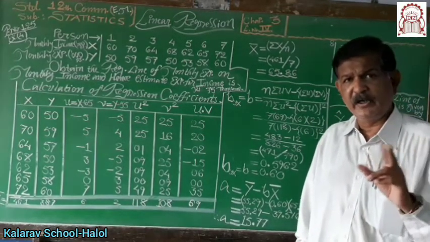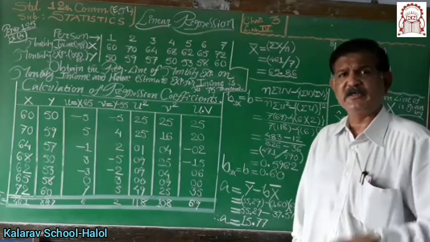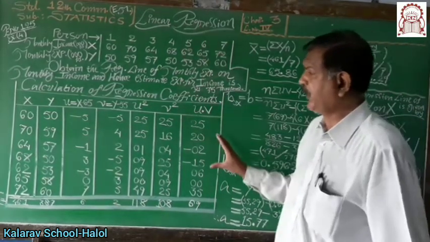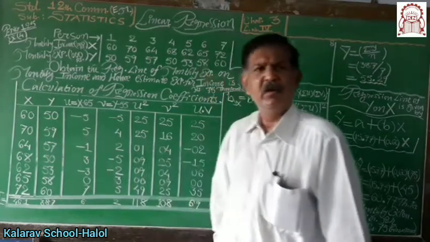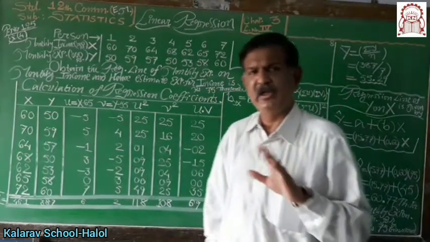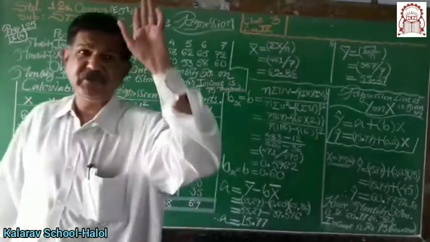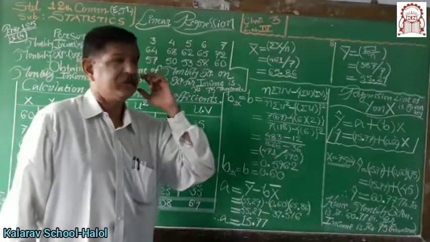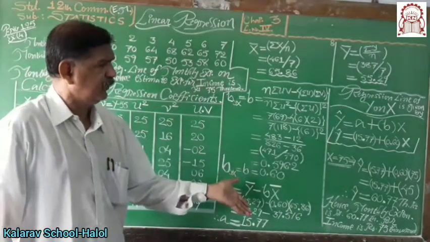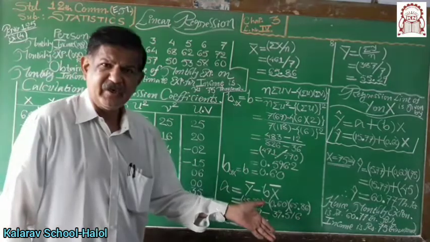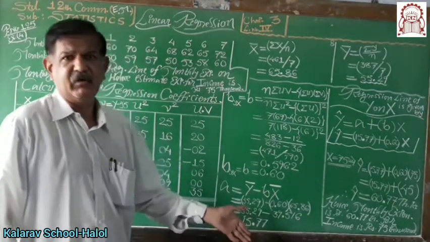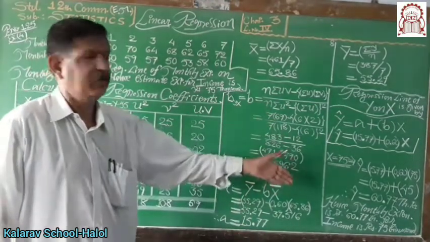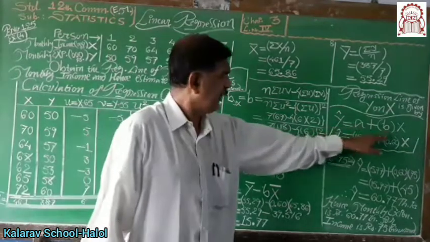These two chapters are connecting chapters. Chapter number 2, linear correlation. Chapter number 3, linear regression. In which up to the table, the method remains the same. Then finally, the formula: Karl Pearson method, Spearman's rank method, and this is the regression coefficient. This chapter is mathematical rather than statistical, because this is a linear equation. Y cap equals a plus bx.